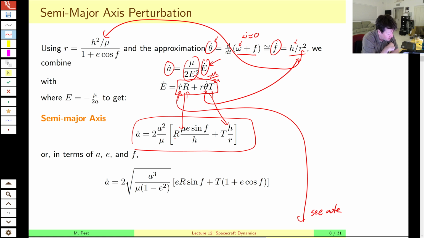So we can simplify this a little bit more to get rid of the H's, right? To get rid of the R's, plugging into the polar equation there, to get a relatively simple expression here, expressed only using orbital elements.